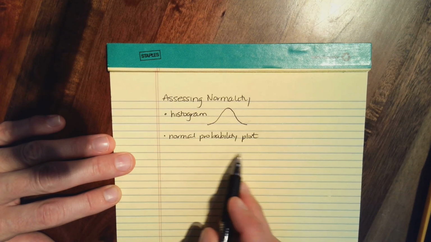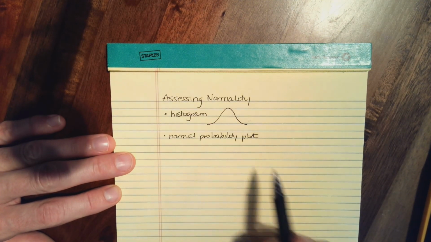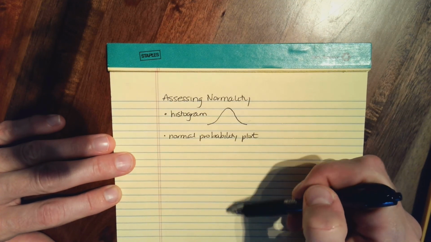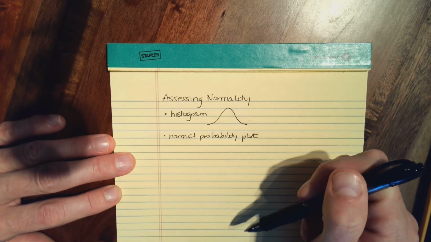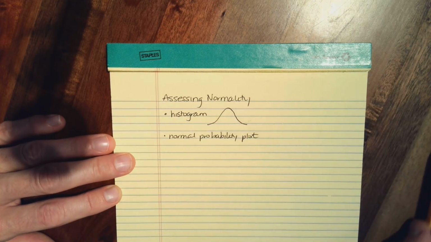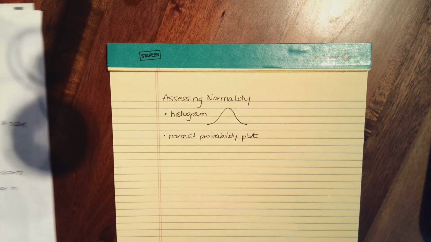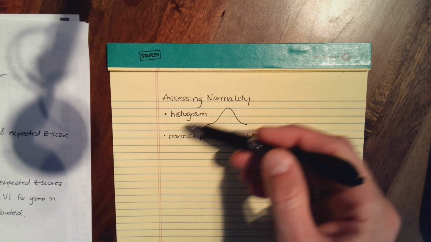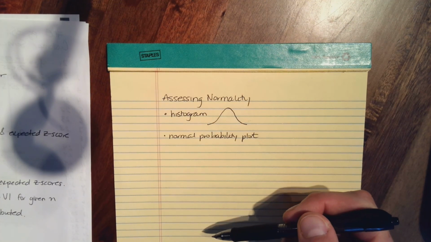We call it an expected z-score. And that would be a z-score if a data set of the same size were normally distributed. We plot those against one another and then look to see if there's a linear correlation. So I'm going to outline a strategy and then show you an example.